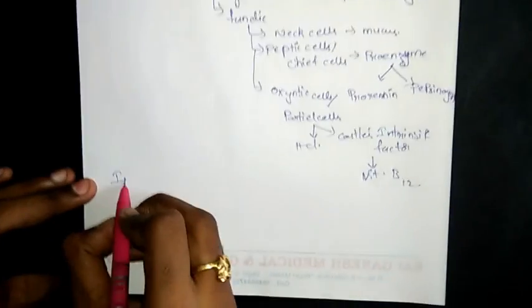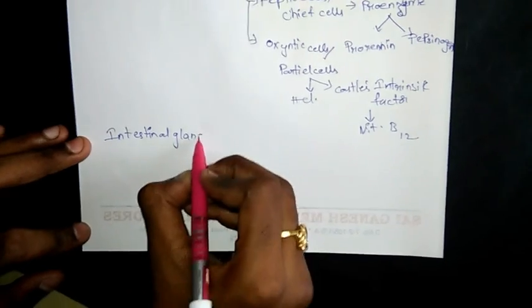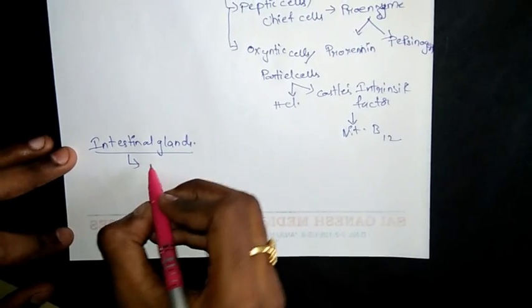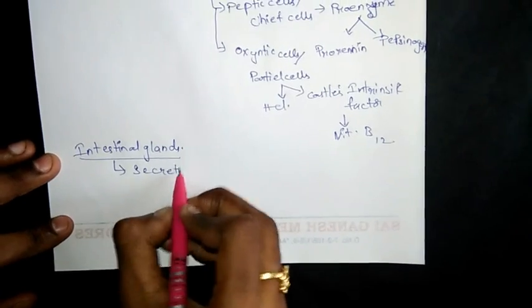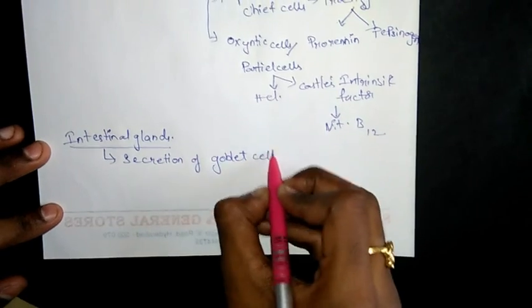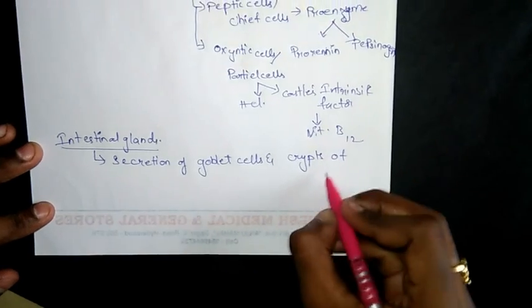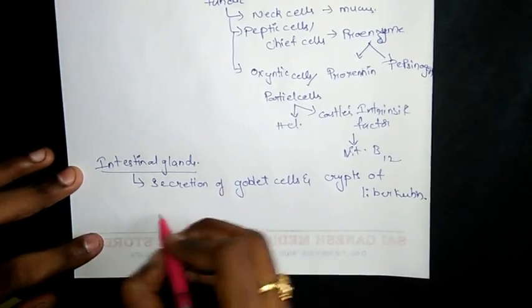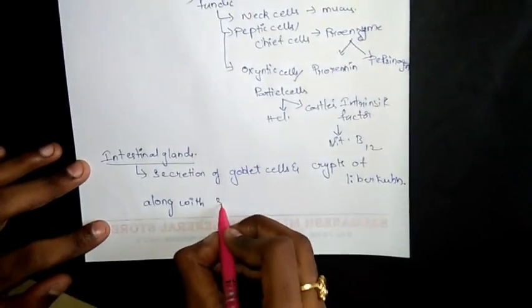Next, intestinal glands, having secretions of goblet cells and crypts of Lieberkuhn, along with succus entericus.